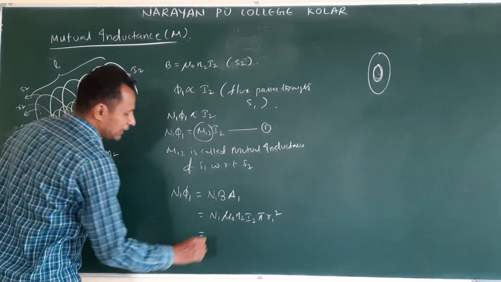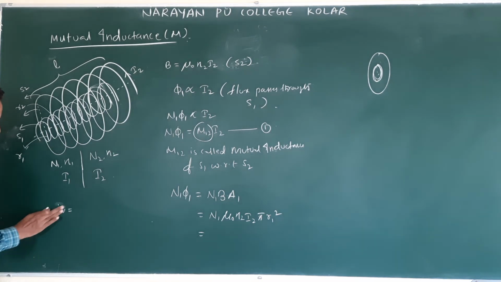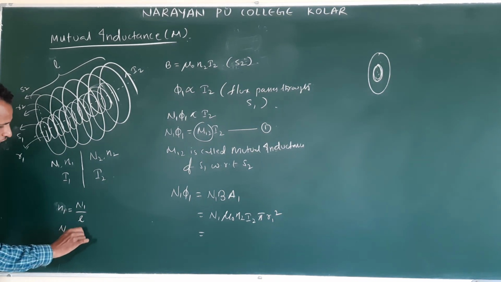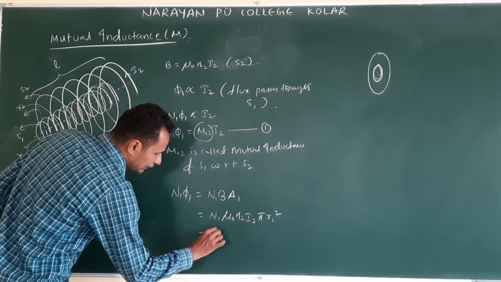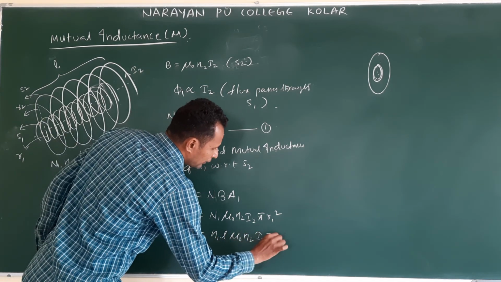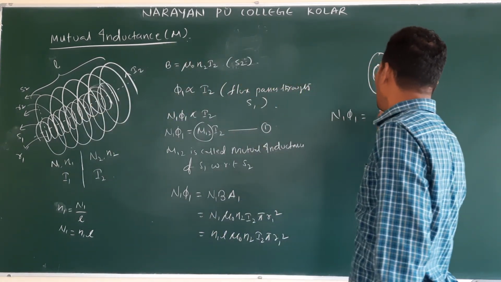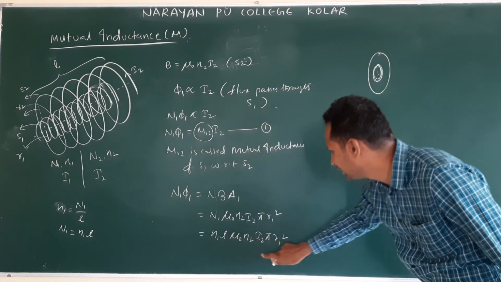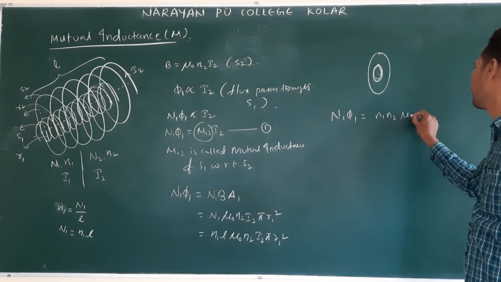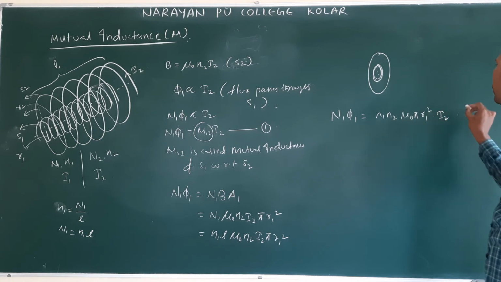N1 I can write as small n1, the number of turns per length, times L. So I can write n1 L mu naught n2 I2 pi r1 square. So finally N1 phi 1 equals n1 n2 mu naught pi r1 square L into I2.